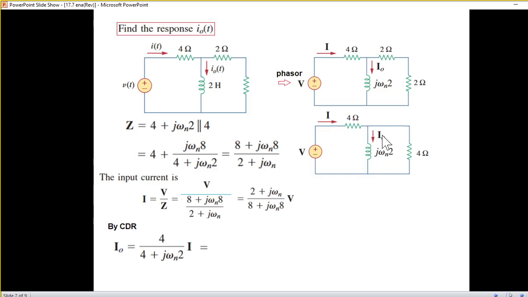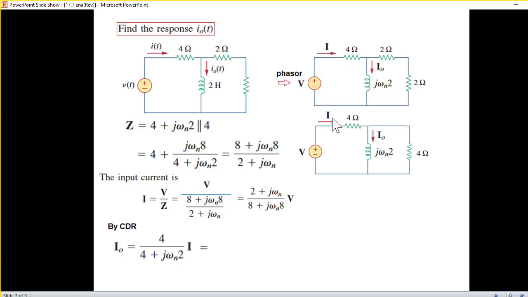Now, to find I0, we'll be using CDR, and I hope you know what is CDR. The current division rule, which says that the current in any branch is equal to the total current divided by total impedance.